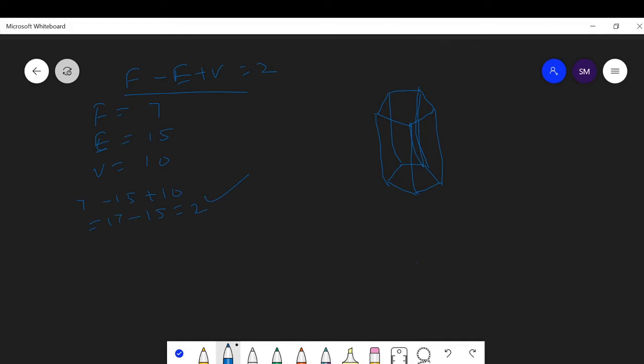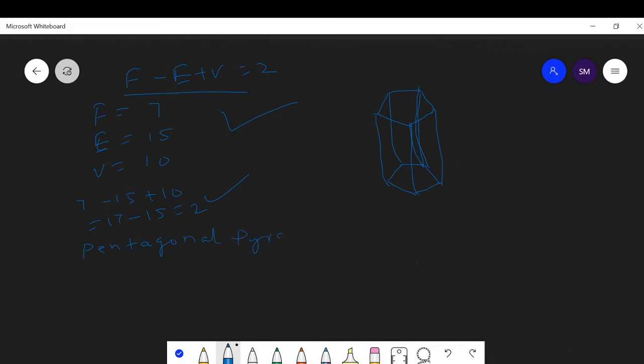Then next, check for the pentagonal pyramid. Here the pentagonal pyramid has a pentagon base and a vertex.